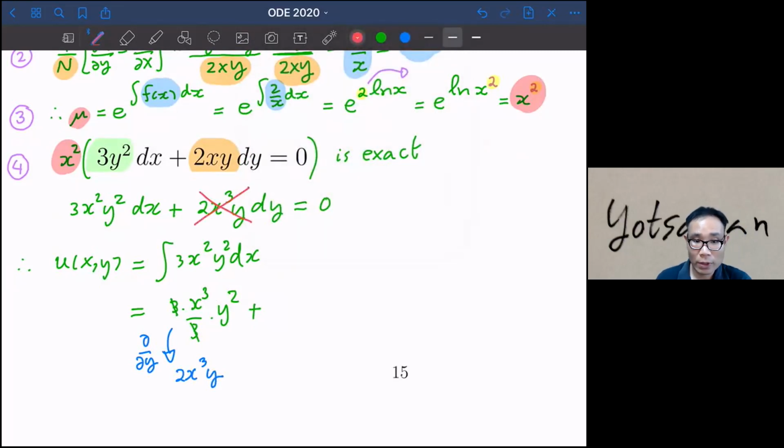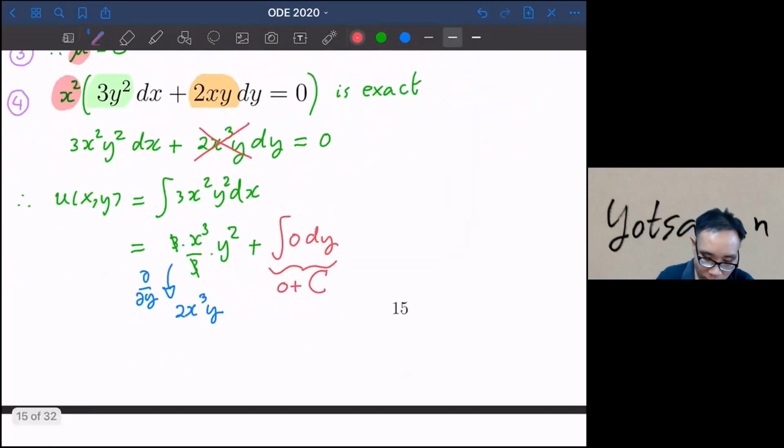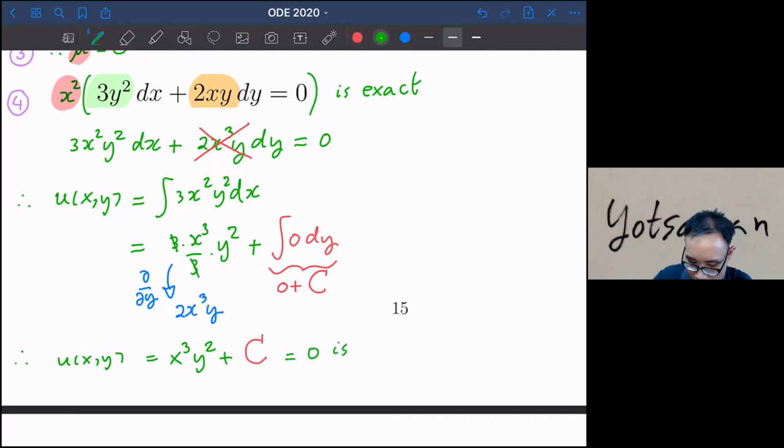So we cross this one out, and you integrate 0 dy, which will be 0 plus c. And you have u(x,y) equal to x to the third y squared plus c equal to 0 for the general solution.